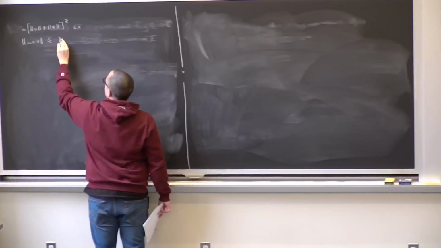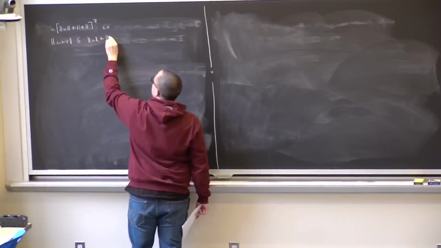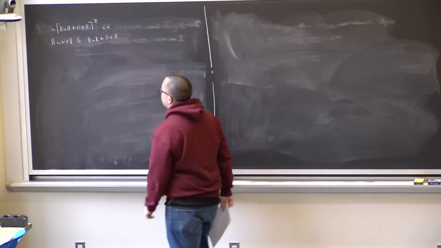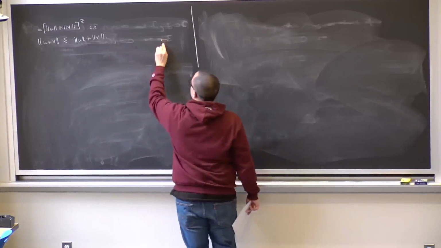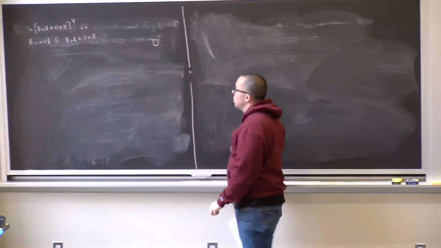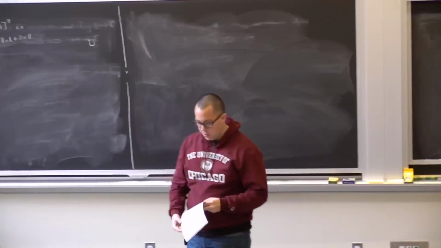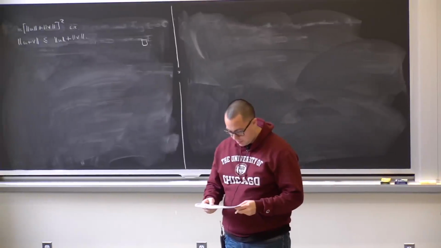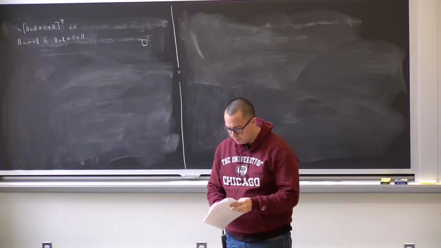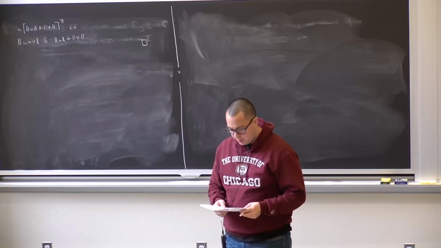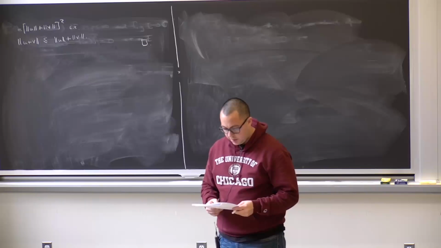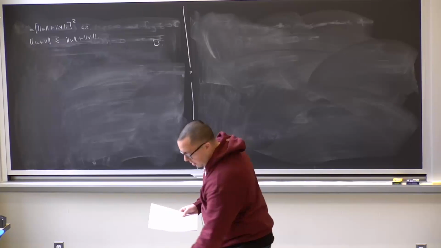So taking the square root of both sides, I get the norm of U plus V is less than or equal to the norm of U plus the norm of V. Okay, so this thing that I defined before is, in fact, a norm. And I'm not just using that notation to denote an imposter.